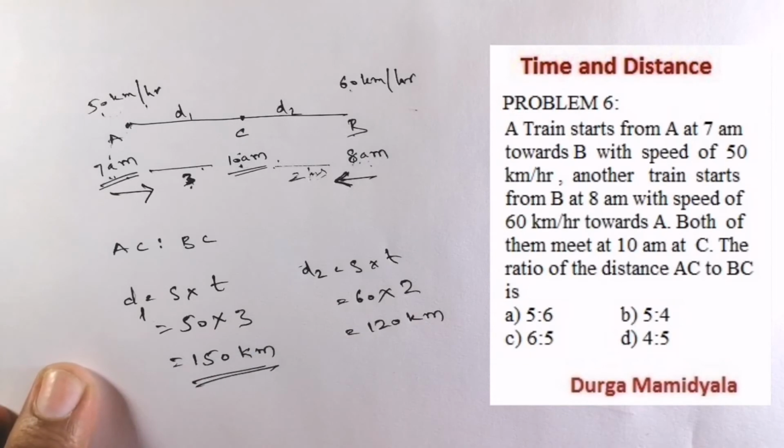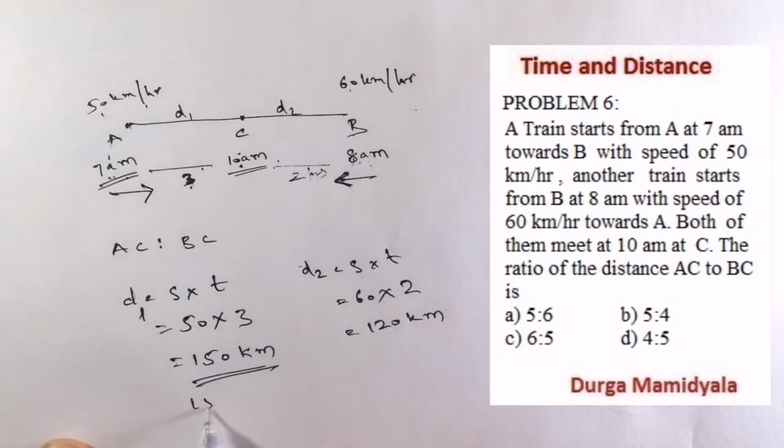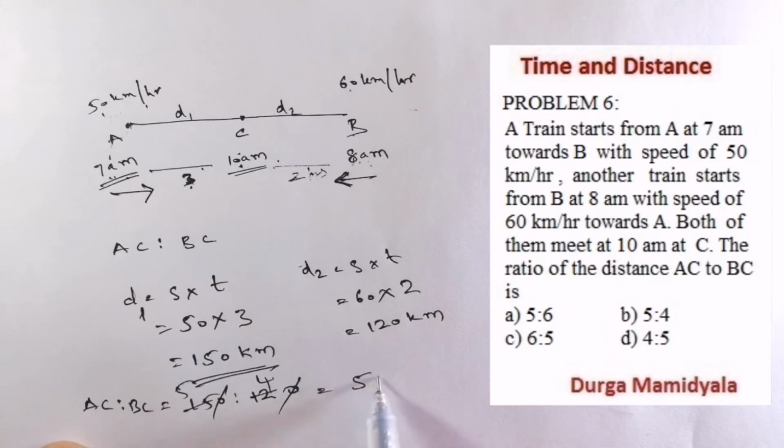So automatically AC is to BC is 150 is to 120. So 30 cancels out, 5 is to 4, right? So the problem looks a lot complicated, but if we solve it, it is very easy.